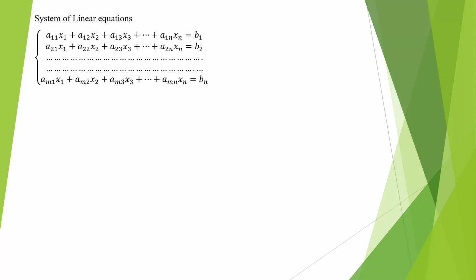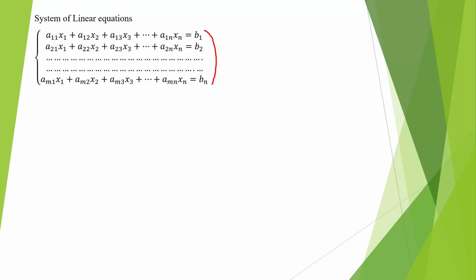And next we talk about the system of linear equations. Why do we call this a system of linear equations? Please remember that for linear equations, in some countries they write them in curly brackets, while in some books they don't write the curly bracket.